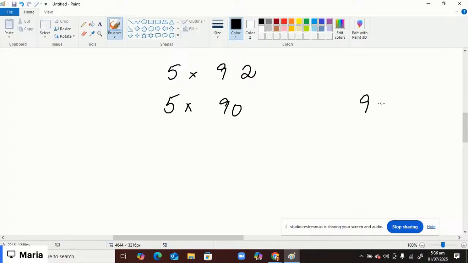Now 90 times 5. Tell me what is the answer of 90 times 5? Everyone solve it please and then tell me the answer.